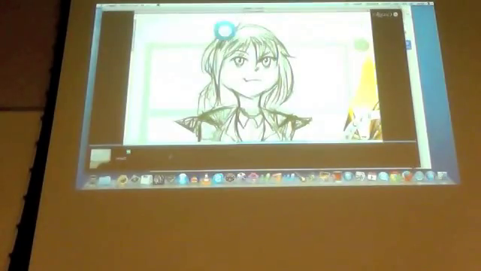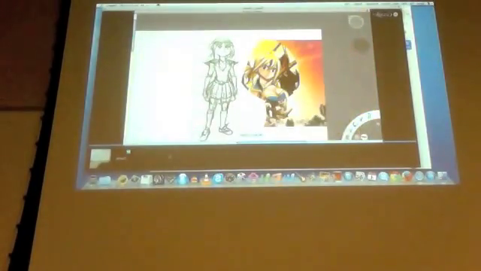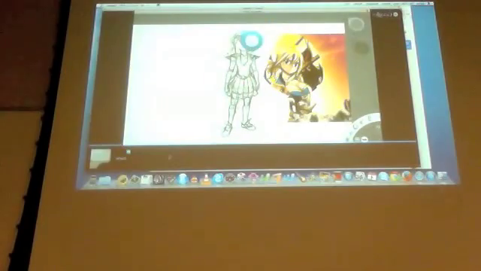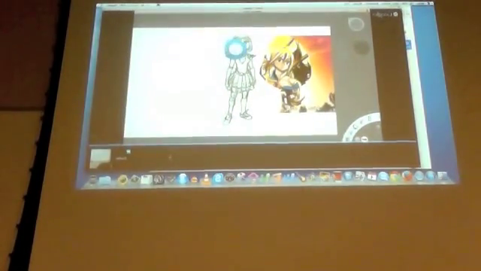All right, let's see. Back up. Well, there's really no comparison between this character and that character, but it gives you an idea of how you can really mess up someone's dress and make them look really good.